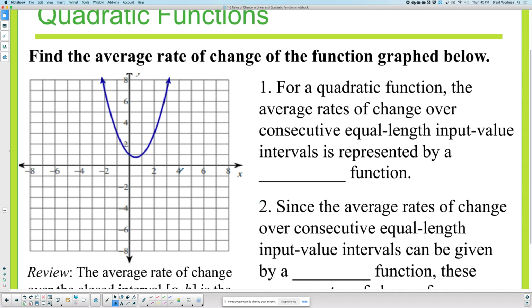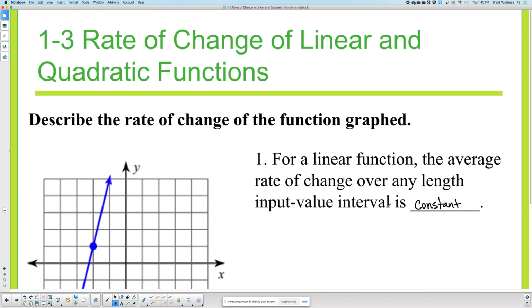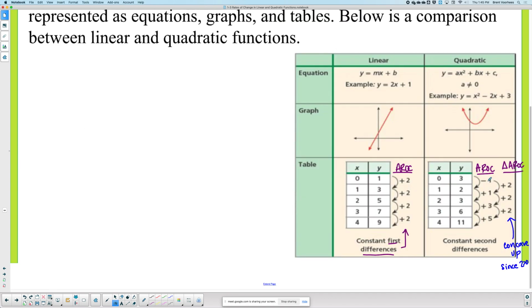All right, here I have a parabola. What's the name of a function that's a parabola? Quadratic. For a quadratic function, the average rate of change over consecutive equal input value intervals is represented by a... well, if you come over here, is it a constant like this one was?